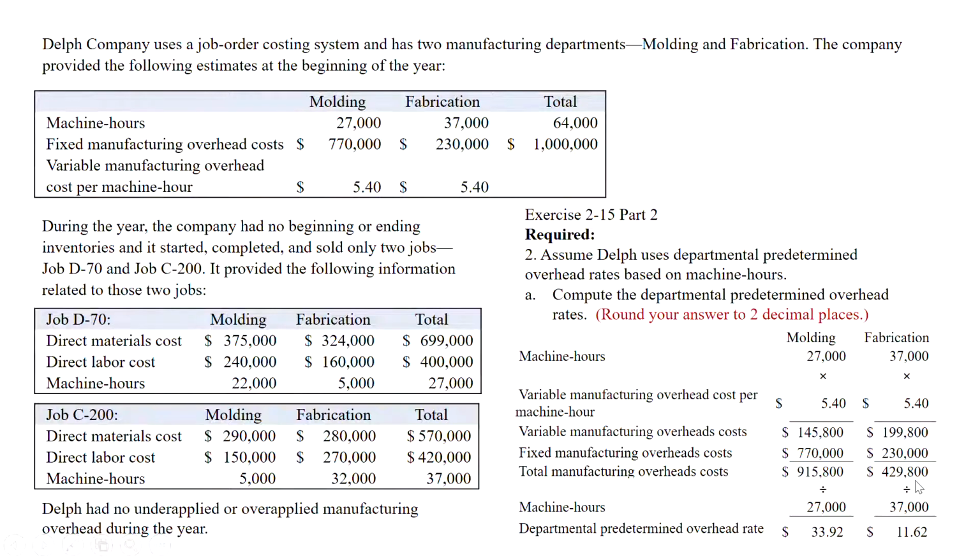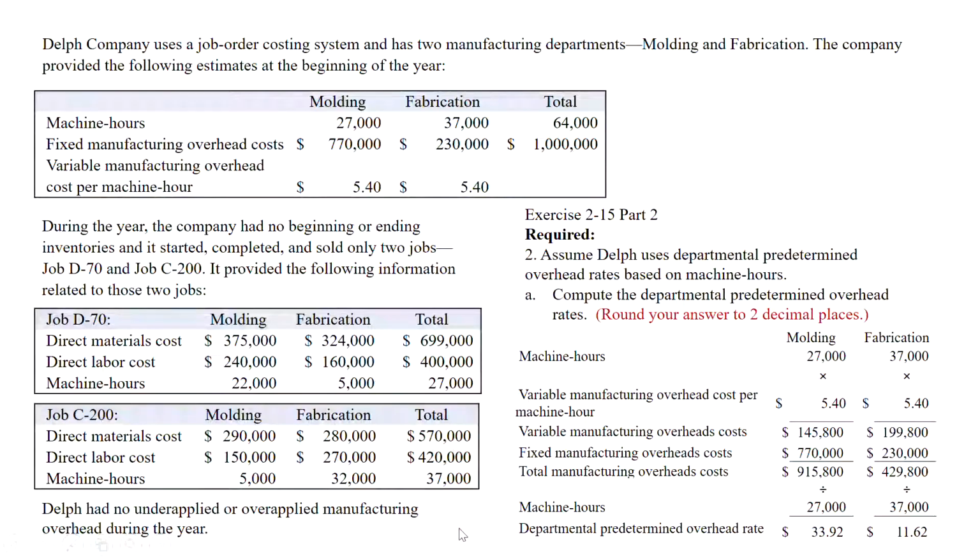Fabrication: total estimated manufacturing overhead cost of $429,800 divided by total estimated machine hours of 37,000 gives us a departmental predetermined overhead rate for fabrication of $11.62. So if you remember from the first video, the plant-wide rate was, I believe, 21.03. So these are very different individually. Molding is consuming a lot more overhead than fabrication. So obviously we're going to be applying overhead a lot more accurately in this scenario.